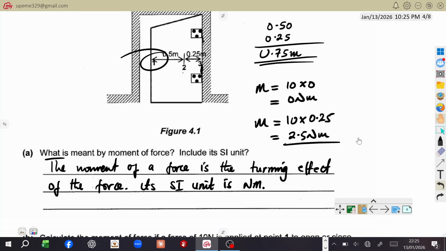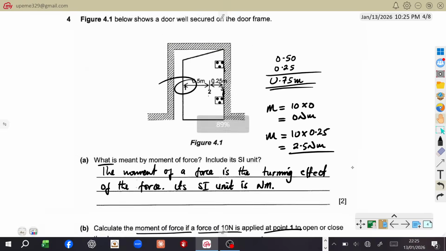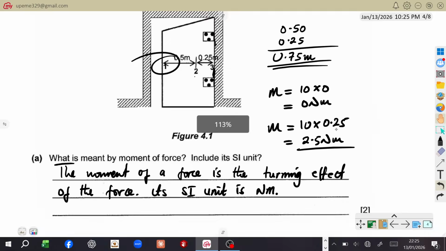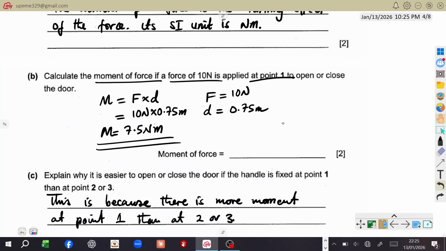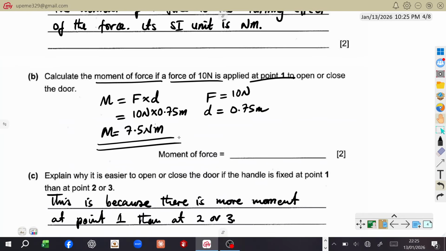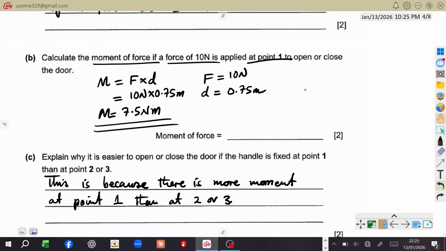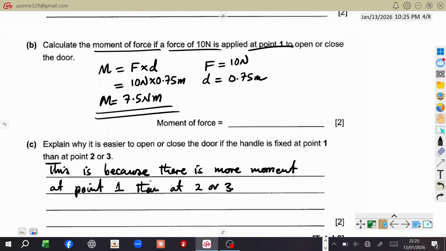At 1, the moment that we calculated was bigger. If we check here, the moment was 7.5. All right, that's why this answer is making sense. This is because there is more moment at point 1 than at point 2 or 3.